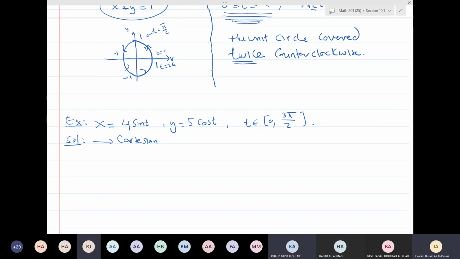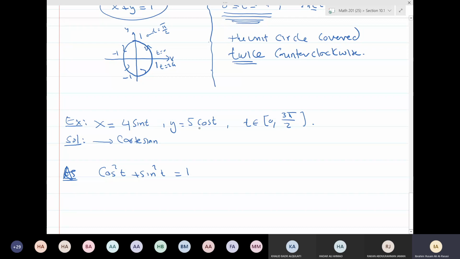We have to divide by 4 in x and by 5 in y. Is it the same as the previous examples or different? It will be an ellipse. We use the trig identity cosine squared t plus sine squared t equals 1. Now what is cosine t and what is sine t?